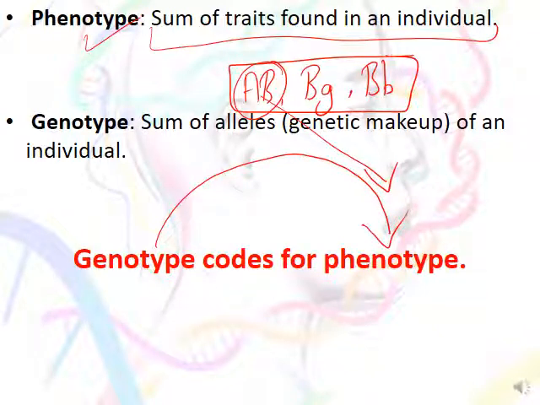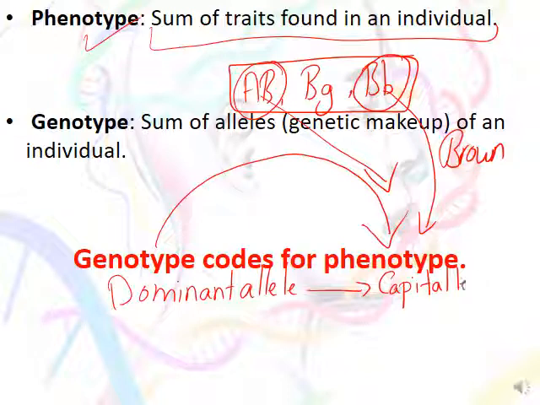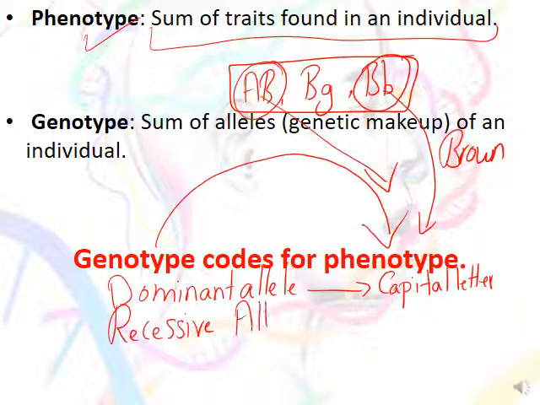And here, the case in the question before, B capital B small, brown and blue. This will code for the phenotype. It's going to be brown, since the brown is dominant. Always, the dominant allele is symbolized by a capital letter, while the recessive allele is symbolized with a small letter.